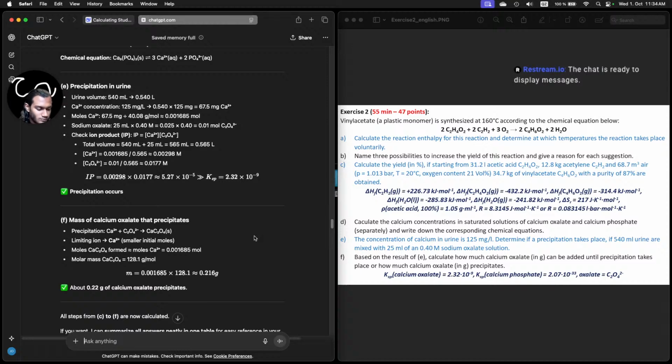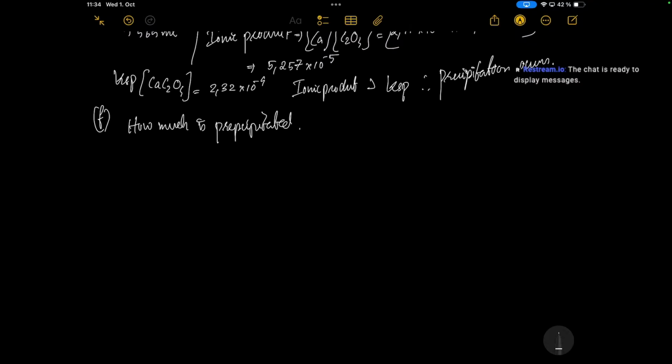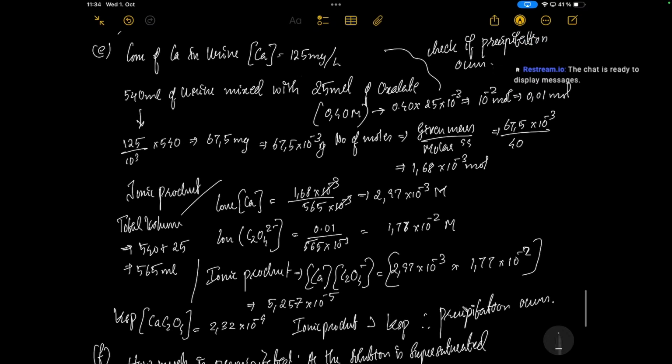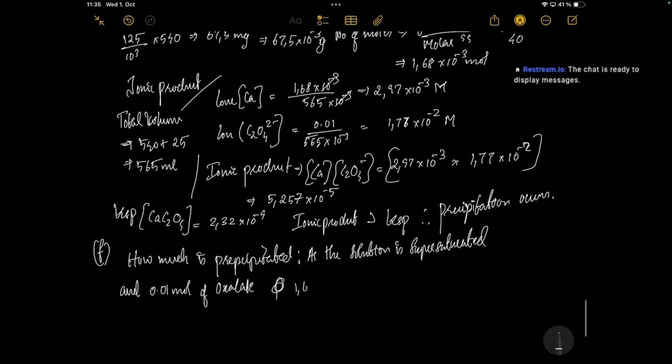And 0.01 moles of oxalate, 1.68 times 10 raised to minus 3 moles of calcium. Limiting factor.